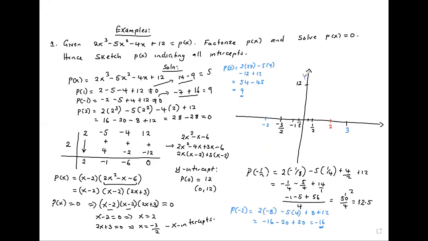So it will come from here, hit here, go up, and come down here. So this is P of X.